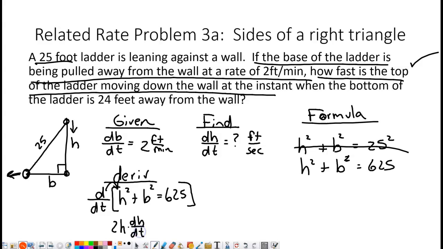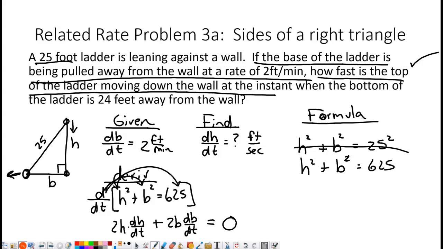We take the derivative like normal, 2h, but we got to remember to put an h prime next to it, which in this case is dh/dt. Plus, same thing here. I want to find the derivative of b squared with respect to time, so that would be 2b db/dt. And then finally, I'm going to take the derivative of a constant, and as you guys know, the derivative of a constant is 0. In other words, the height of the ladder will not be changing over time.